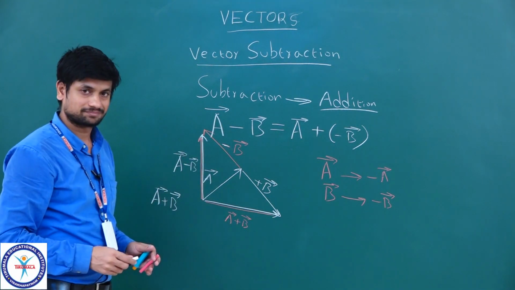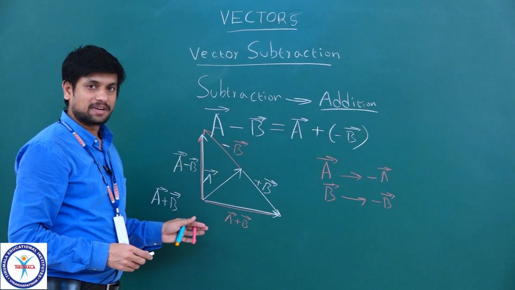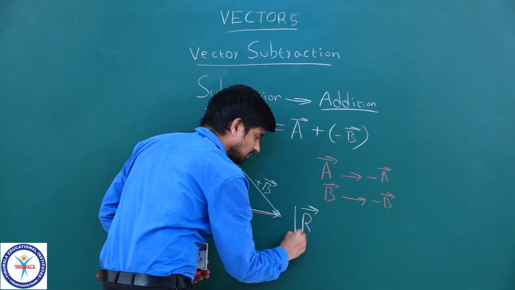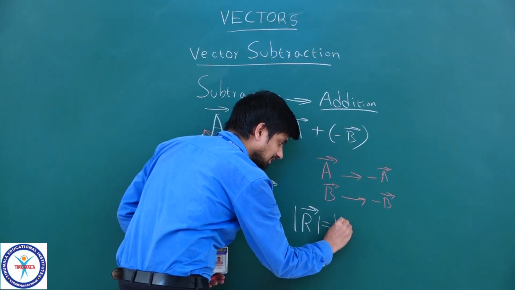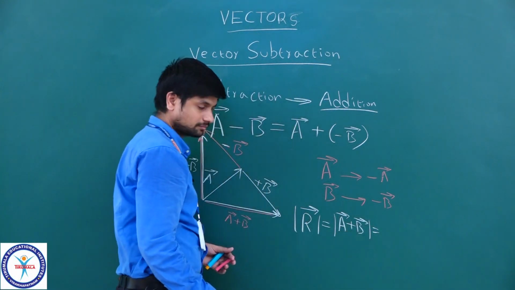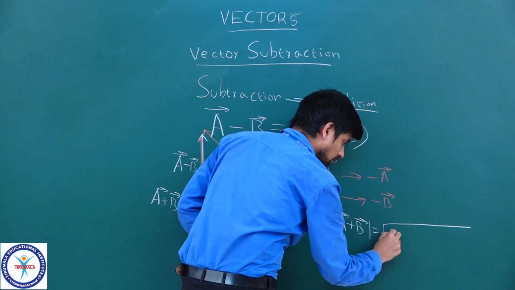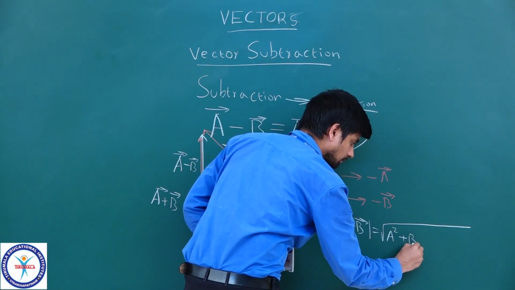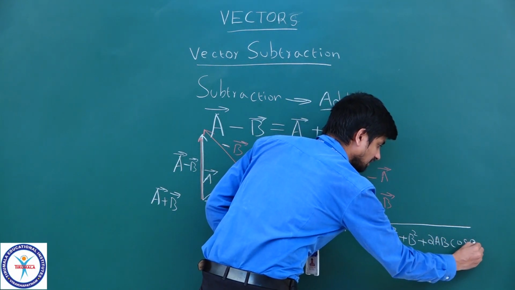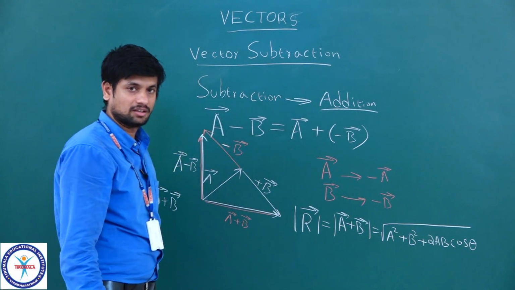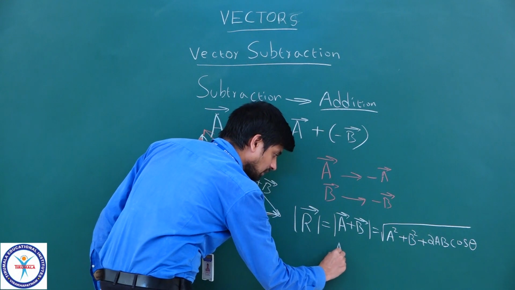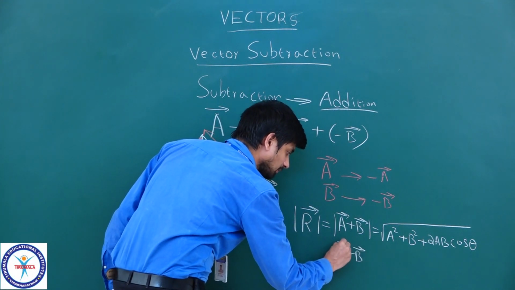If you want to measure its magnitude algebraically, what is the magnitude formula, children? Resultant vector magnitude, modulus of A bar plus B bar, equals root of A square plus B square plus 2AB cos theta. Now, I want the resultant of A bar minus B bar.